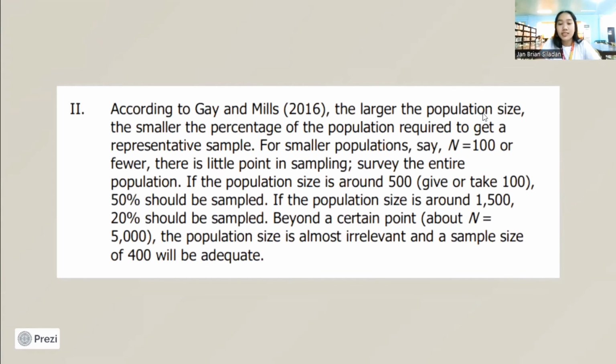If the population size is around 500, give or take 100, 50% should be sampled. If the population size is around 1,500, 20% should be sampled. Beyond a certain point, about N equals 5,000, the population size is almost irrelevant and a sample size of 400 will be adequate.